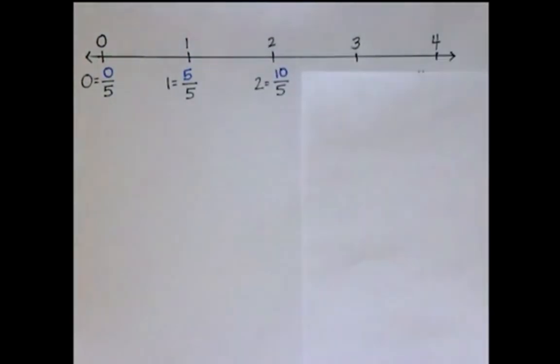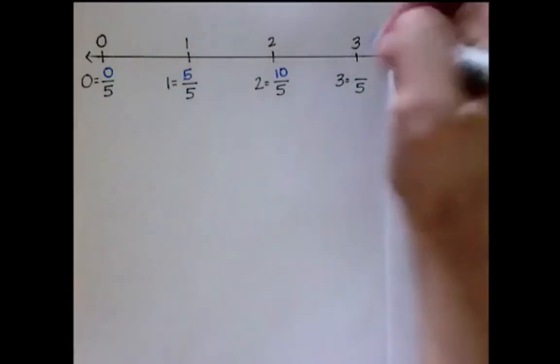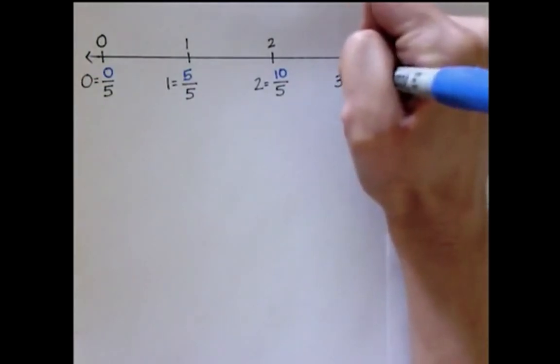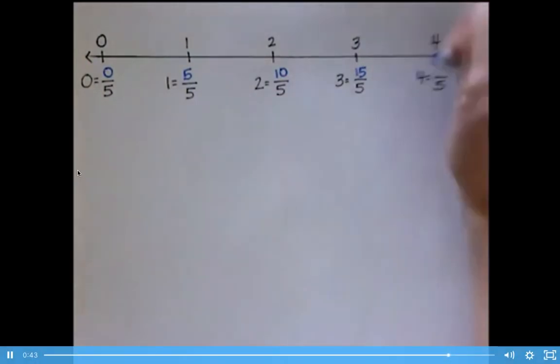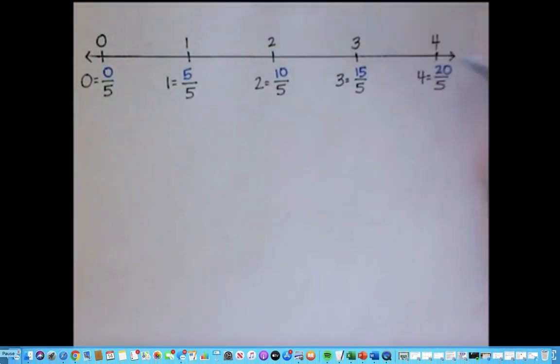Now, 2 is going to equal 10 fifths. 3, what do you think it's going to be? 3 is going to equal 15 fifths. Now, what do you think about 4? 4 is now equal to 20 fifths.